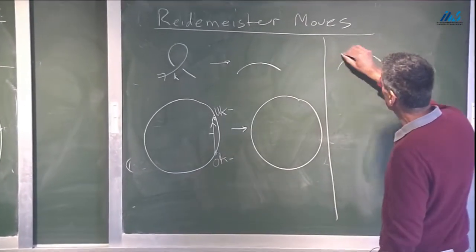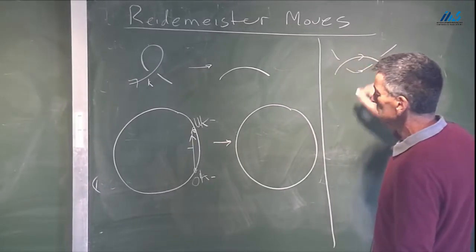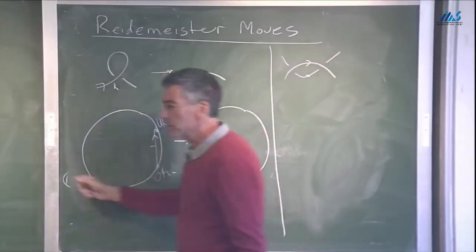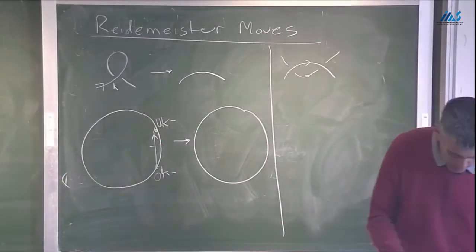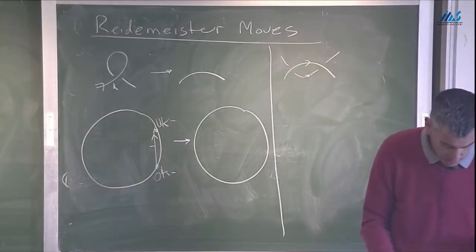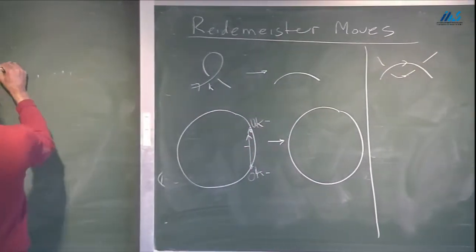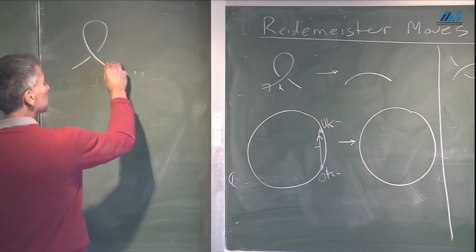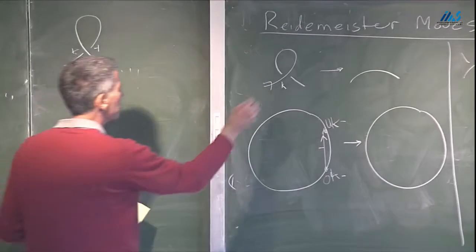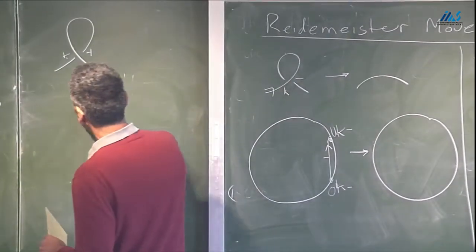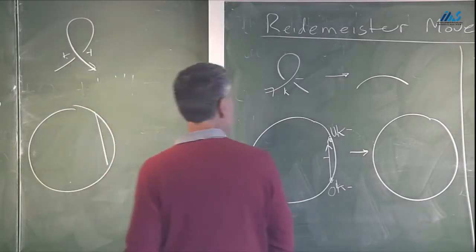When we do something like this, okay, well we can do that. So the question is, what if you had the other kind of type 1 Reidemeister move? Say it looked like this instead. So this time it's a plus instead of a minus here. It would still be two consecutive things.